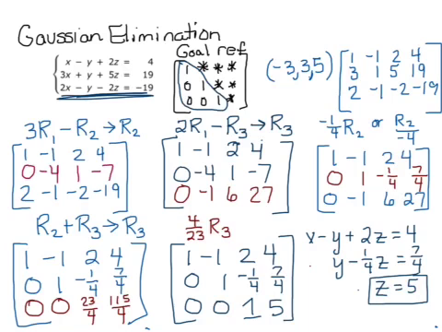Now what we do is back substitution. So we're going to take 5 and plug it into our previous problem. So we'll have y minus 1/4 z equals 7/4. So when you're multiplying a whole number in a fraction, we put the whole number over 1 and multiply straight across.